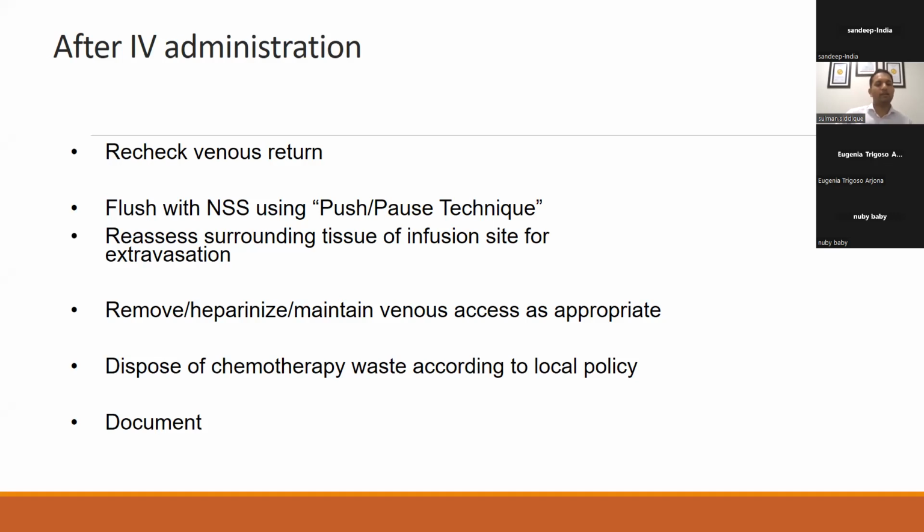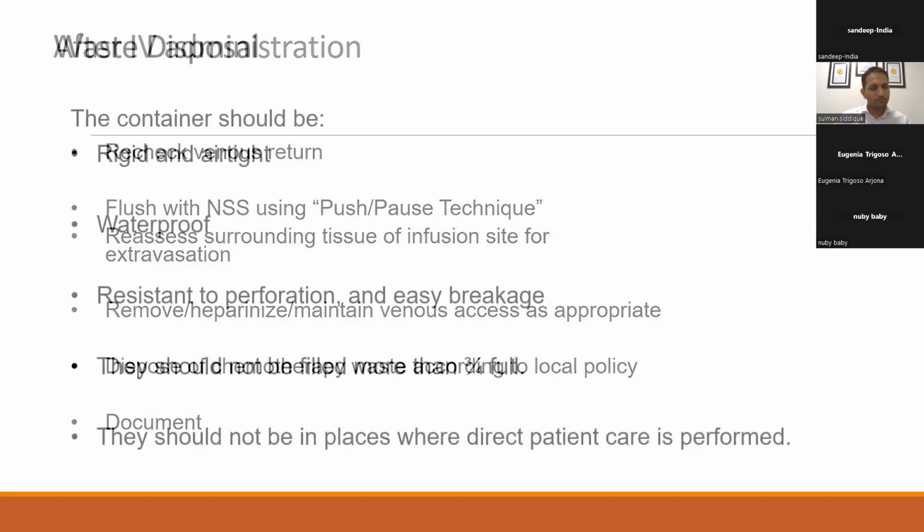If it's a PICC line or a Hickman line, tunneled catheter, you will heparinize that, unless there is a continuous infusion going, then you will put that infusion on. Dispose of chemotherapy waste according to local policy. We will look into that in a minute, and document.